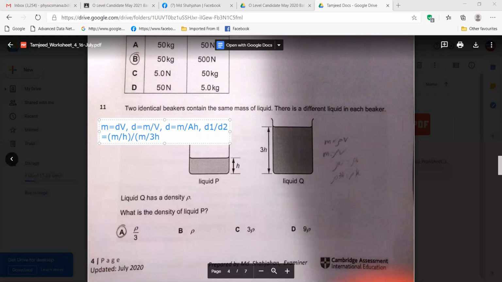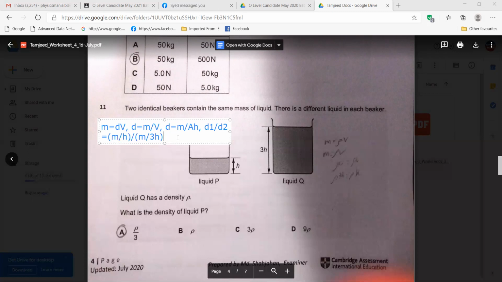Can you write this way? Why am I ignoring A? Because you see, identical beakers, identical pictures, and they both have the same area, right? Cross-sectional area is the same. So that's why we are neglecting A here.